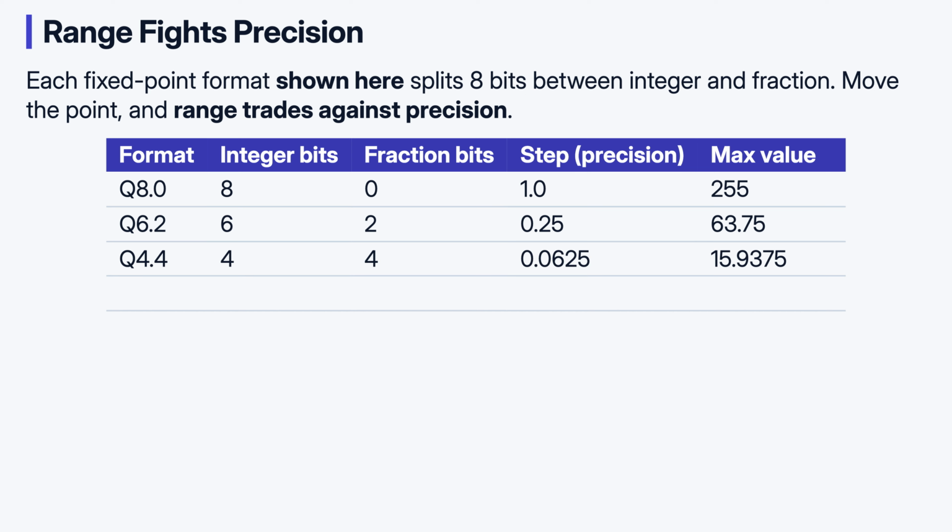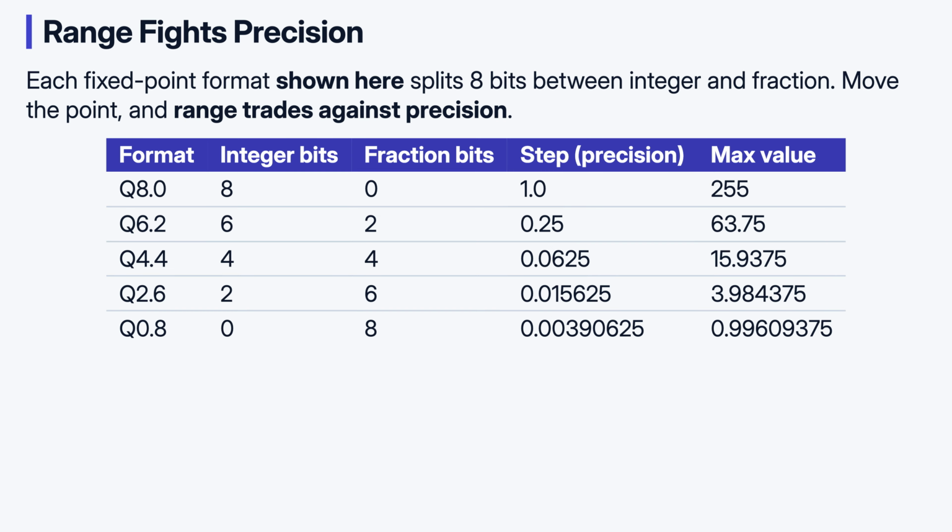Q4.4 gives 4 fraction bits, a step of 1/16, reaching about 16. Q2.6 gives 6 fraction bits, a finer step still, but the largest value is now under 4. And Q0.8 spends every bit on the fraction. The step is tiny, better than 4 thousandths, but the largest value is less than 1. Range and precision fight over the same bits. You cannot have both.